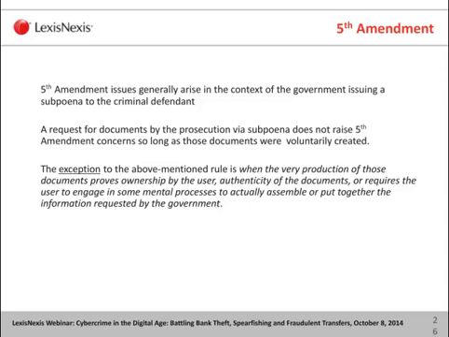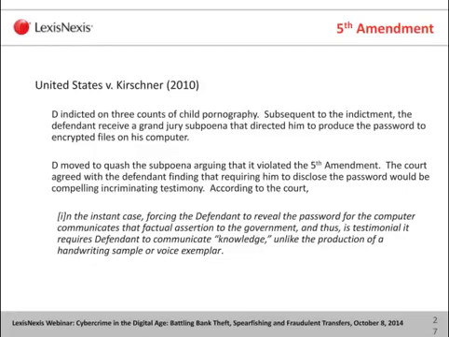But if the government doesn't know those facts, then the government may be violating the Fifth Amendment, and they may not force you to testify. But again, these cases are fairly new and have not worked their way up the system. So some of the decisions are somewhat contradictory or sort of hard to distinguish between.